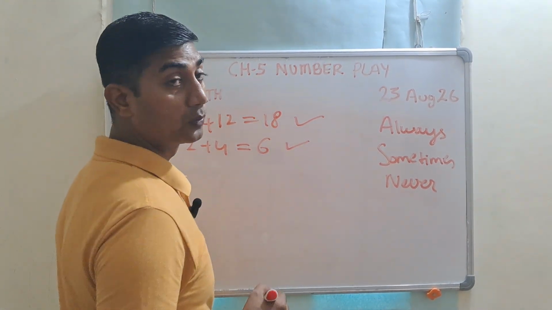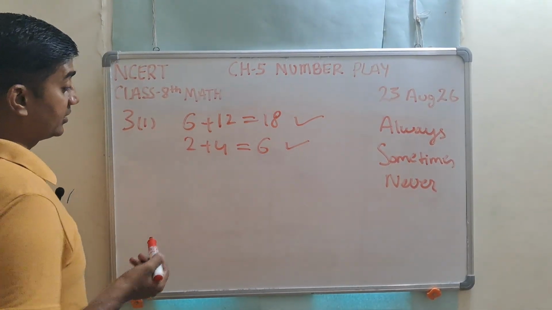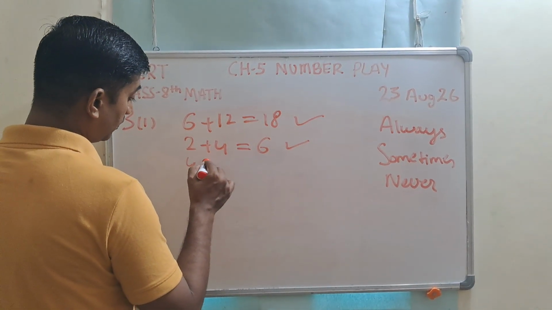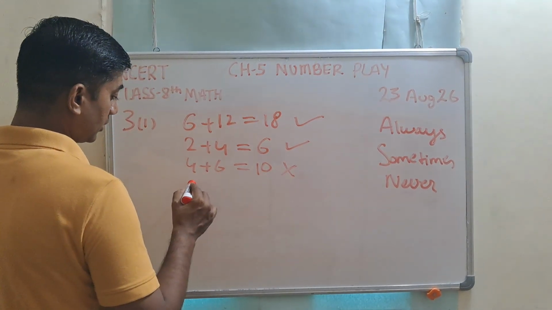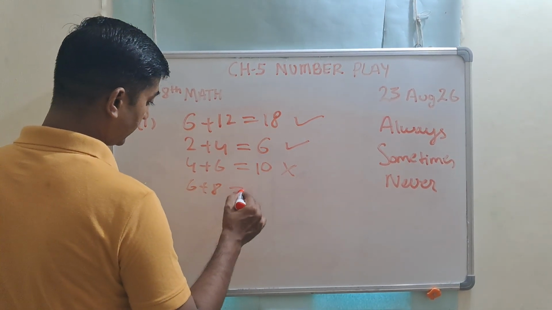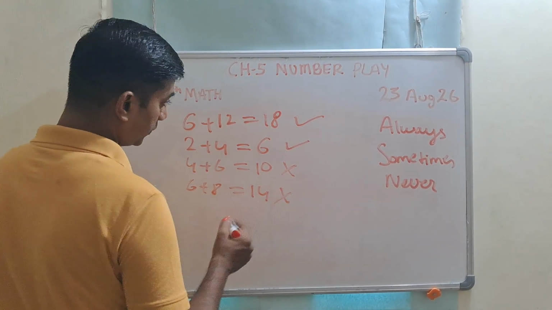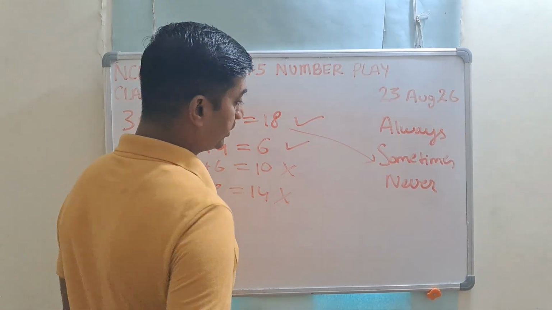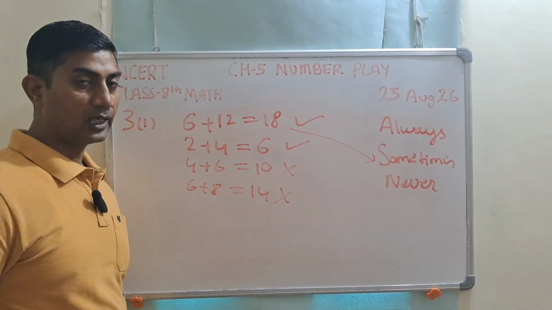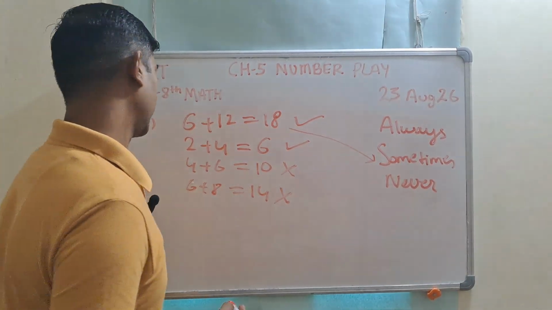This is again true. Now we will see the next, 4 plus 6. The result is 10. This is not true. 6 plus 8, the result is 14. This is not true. It means this expression is a case of sometimes. Sometimes it is true and sometimes it is not true.